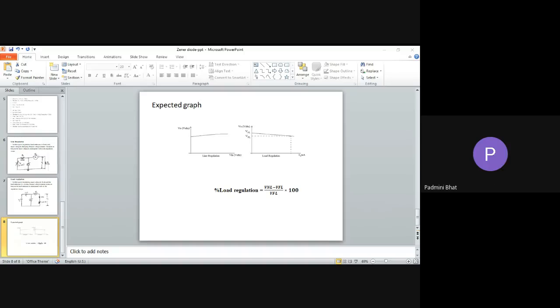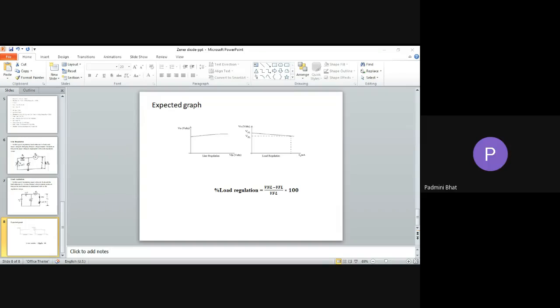Yes, ma'am. Okay. Ashna, you were listening, right? Yes, ma'am. Can you tell me in your words? I don't want the complete definition. What do you mean by line regulation? Line regulation is a regulation where the load resistance is fixed and the input voltage is changing.